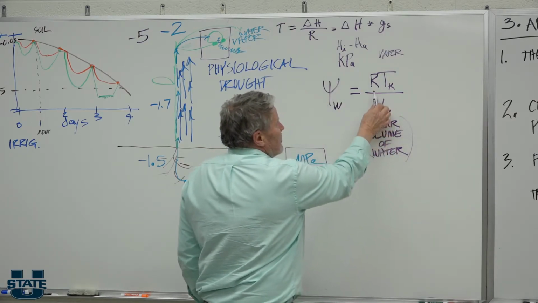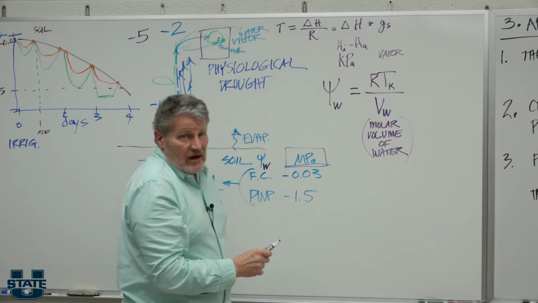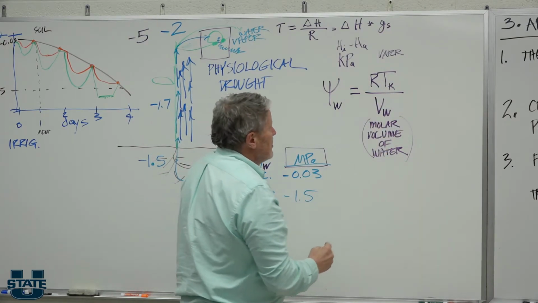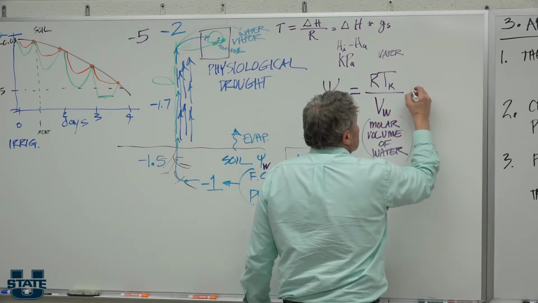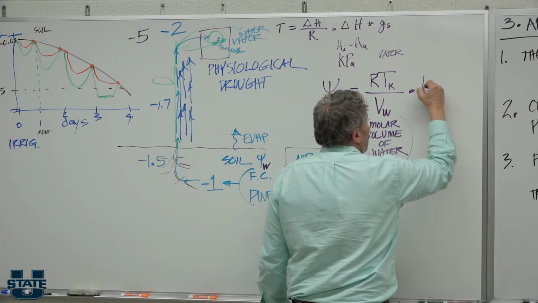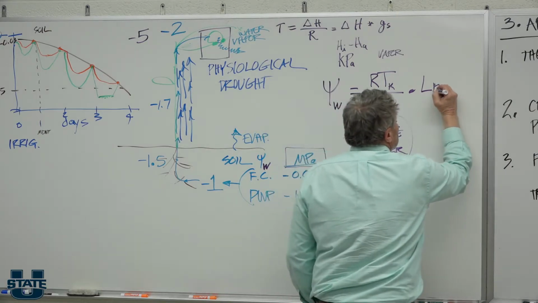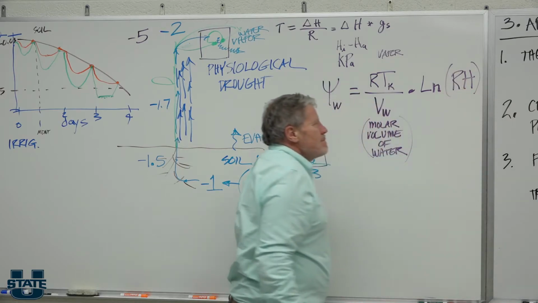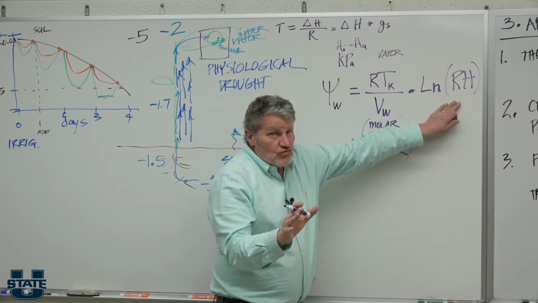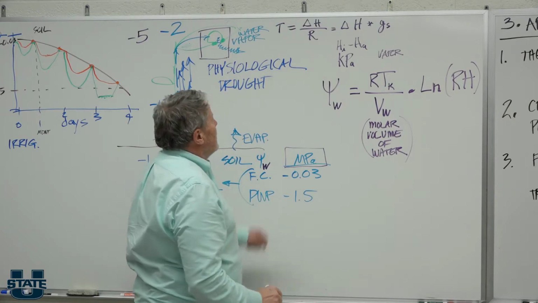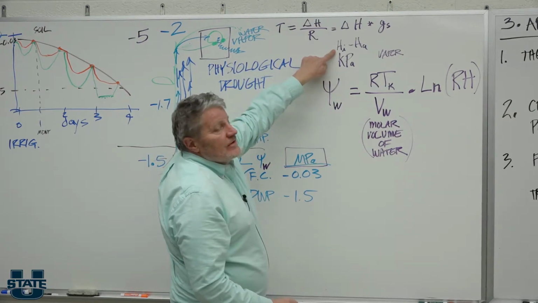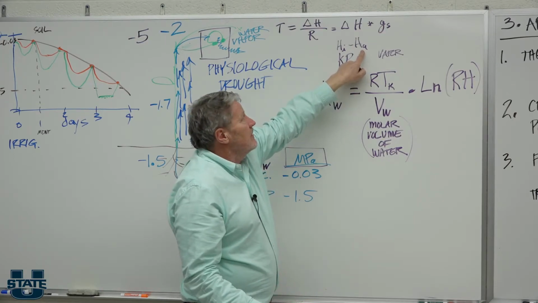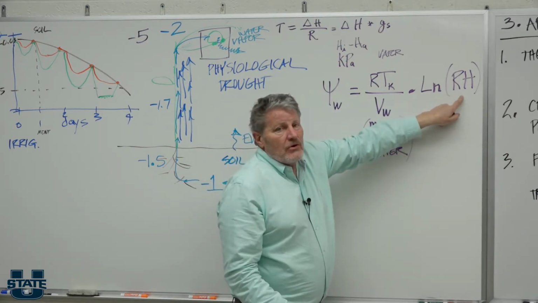So this is going to look like the ideal gas law equation. These are pretty close to constants. Take this times our old friend, the natural log of the relative humidity. Not absolute humidity, this is relative humidity. So now, if we get humidity of the air in percent, we know this number.